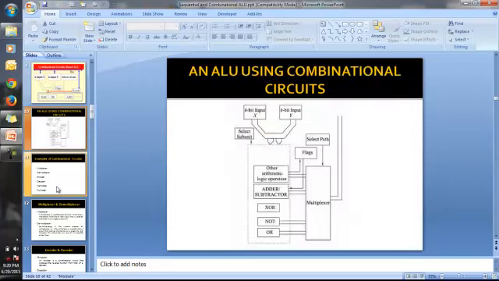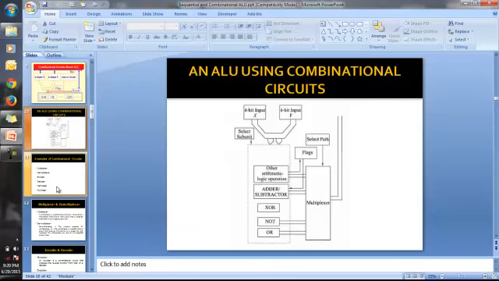An ALU using combinational circuits is also explained in this diagram. You can see K bit input for both X and Y. It is taken into the select subunit where we can select the appropriate operator. After selecting it, it will perform the operation related to it and produce the output.